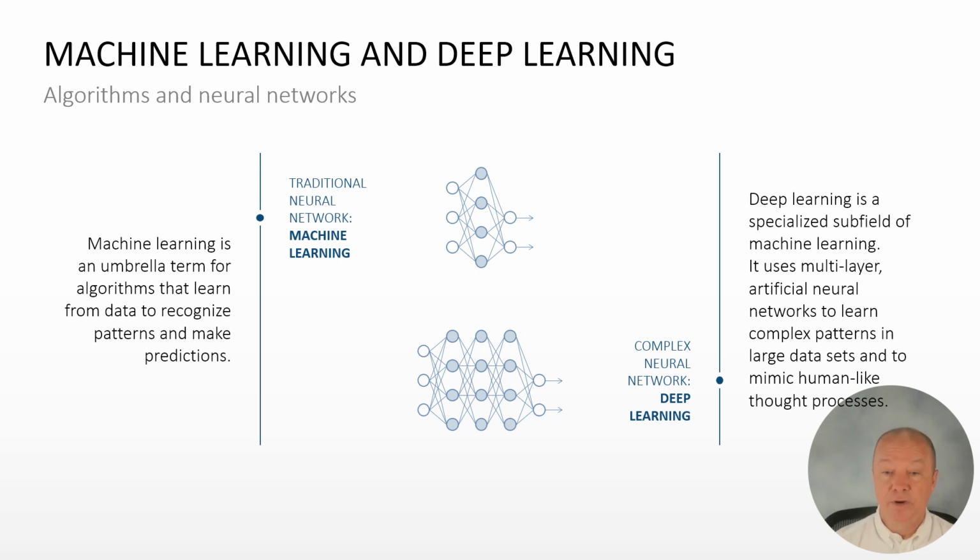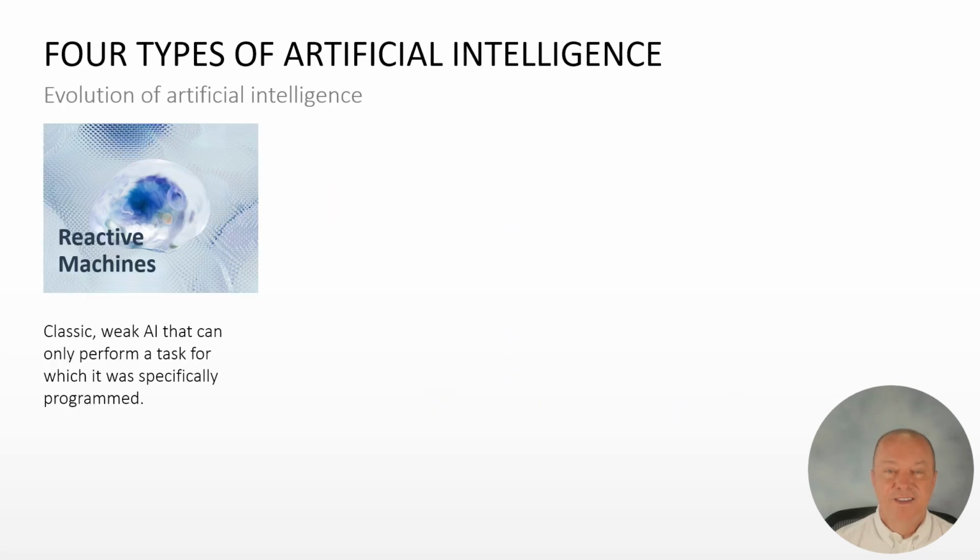And deep learning is a specialized subfield of machine learning. It uses multi-layer artificial neural networks to learn complex patterns in large data sets and to mimic human-like thought processes.